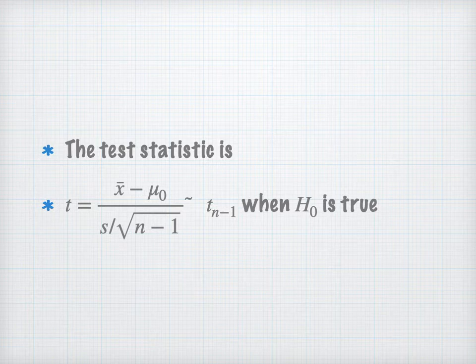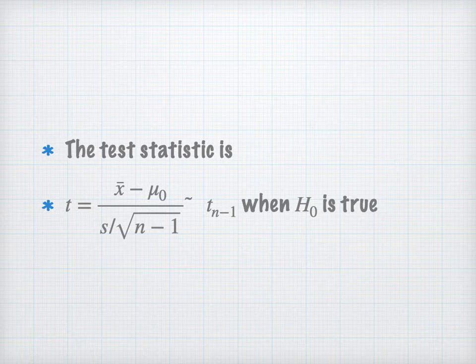So the test statistic is t equal to x bar minus mu naught divided by S by root n minus 1, which follows t with n minus 1 degrees of freedom. That is, the test statistic t is equal to x bar minus mu naught over S by root n minus 1. Here, x bar is a sample mean. Mu naught is that value we are going to check, that is H naught: mu equal to mu naught.